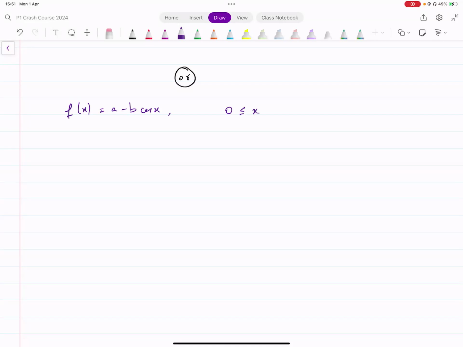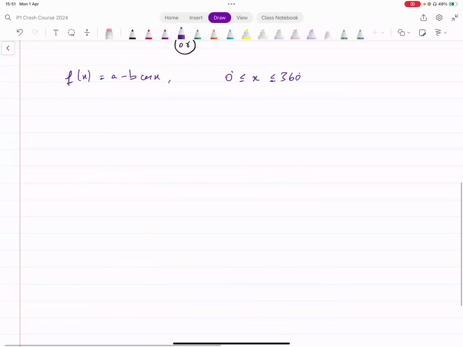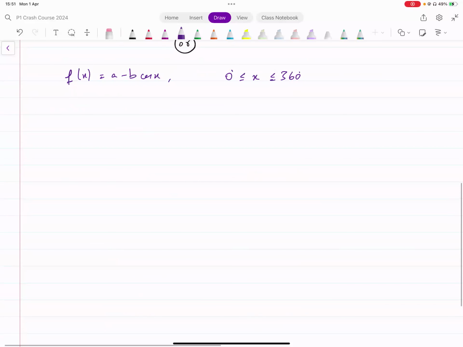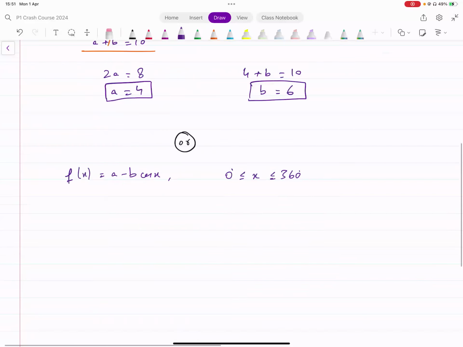X is between 0 degrees and 360 degrees. Now it's trickier than the other one, as in this requires some thinking. The previous one was just like putting values and getting the result. So there was not a lot of thought process involved there as such. Easier to do, although takes slightly longer.